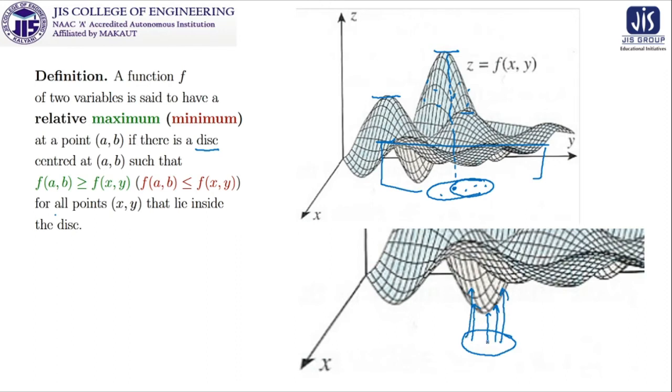So this point, suppose (a', b'), is the point where the functional value is less than or equal to all other functional values from this disk. So what is this? This is nothing but an example of relative minima. So this is the concept of relative maxima and relative minima.